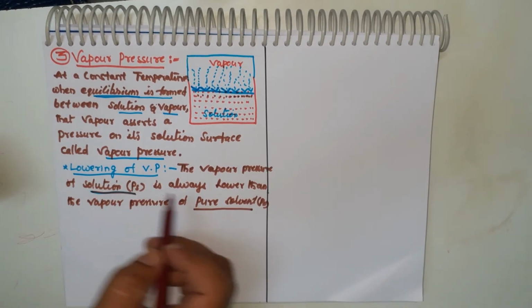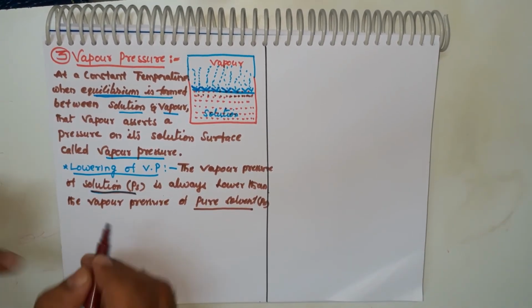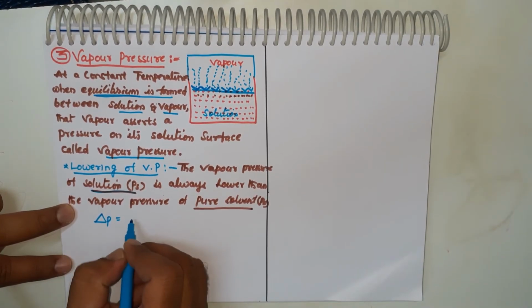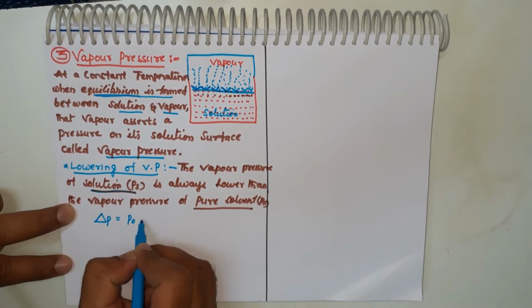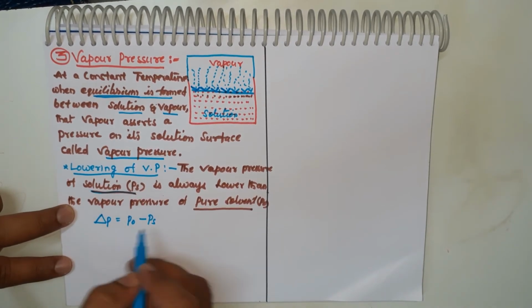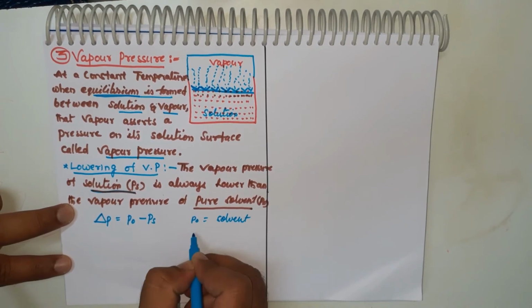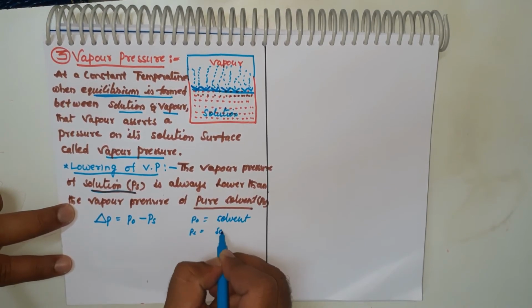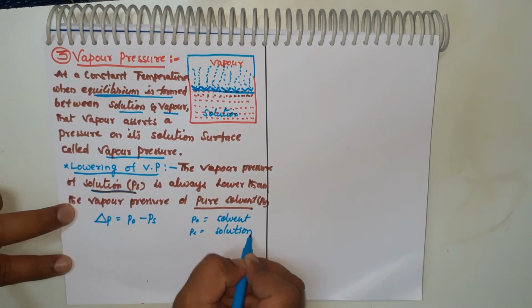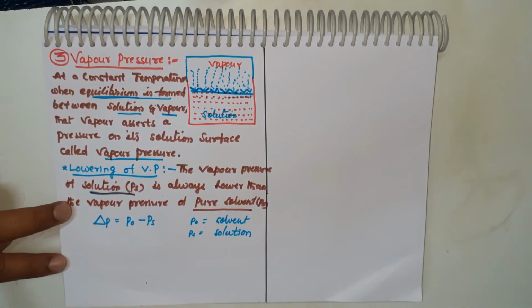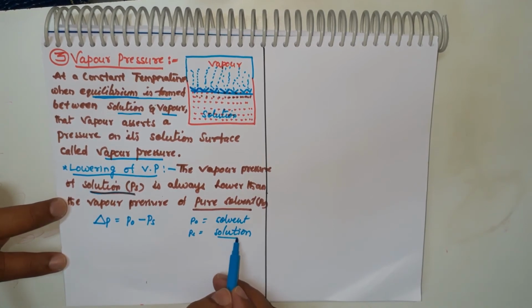So lowering of vapor pressure is delta P equal to P0 minus Ps. P0 is the solvent vaporization, Ps is the solution's vaporization. Solution means solvent plus solute. If we add another substance, that is known as solution.